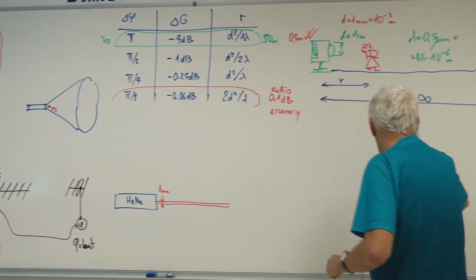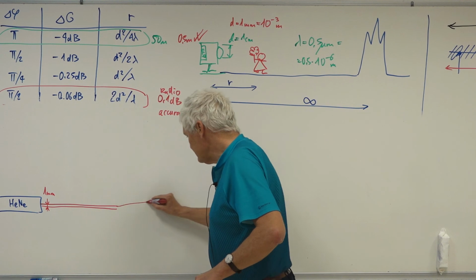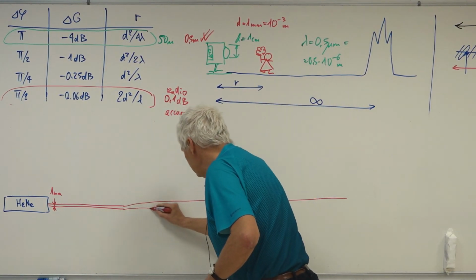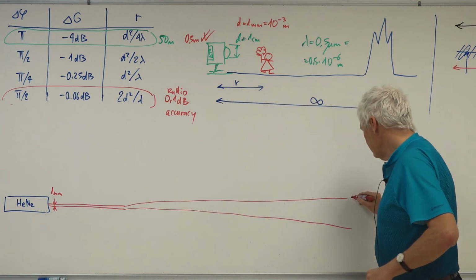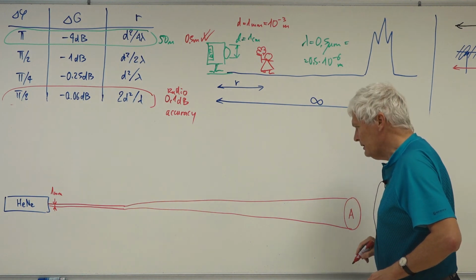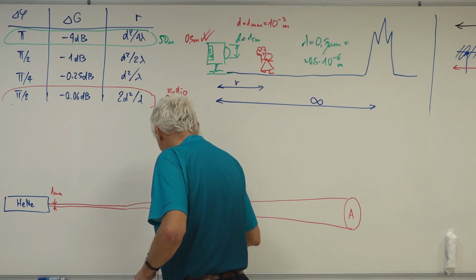But after a certain distance, the beam starts diverging into a conical pattern. So now the question is, what is the area we cover here at a distance r of 1 kilometer?